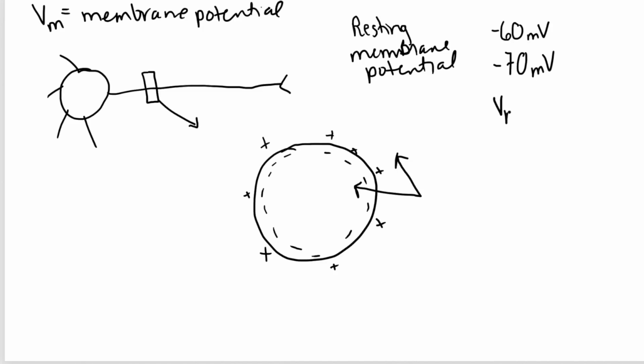So then VM rest would be the resting membrane potential. In addition to having this difference in charge across the membrane, we also have a difference in concentration of some of our major player ions.